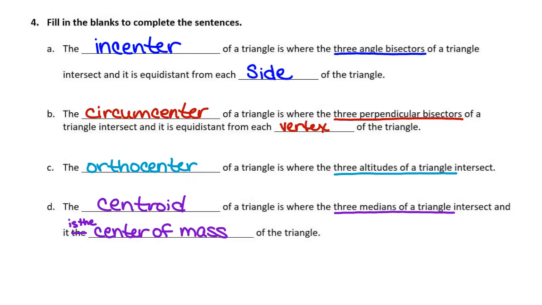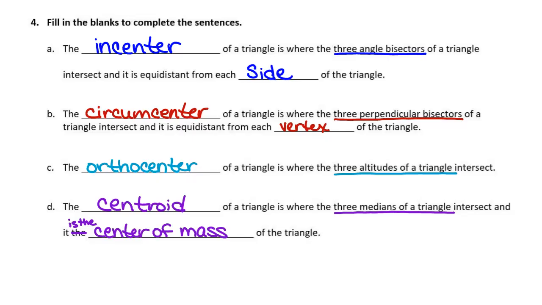Other than that, one of the things I was just getting ready to say is these 4 vocabulary terms you should know for the test tomorrow. Very specifically, you need to know which type of segment goes with which special named point.